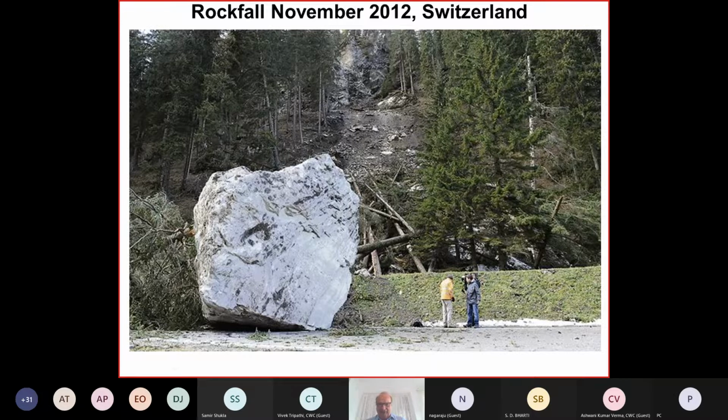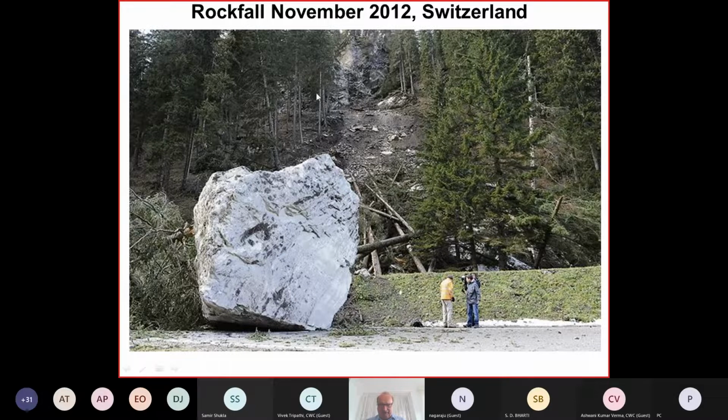You see here a block coming down to this road, a granite block, and in Switzerland, we say we are keen. We want to have forests everywhere.